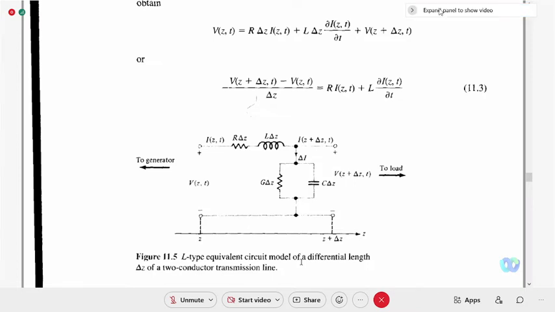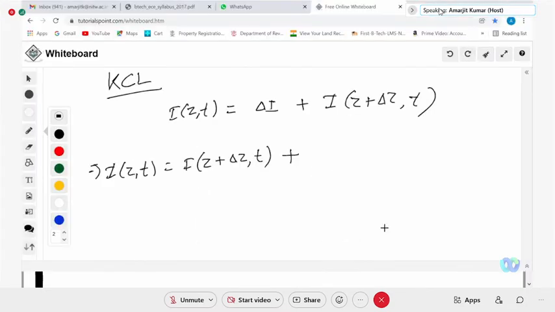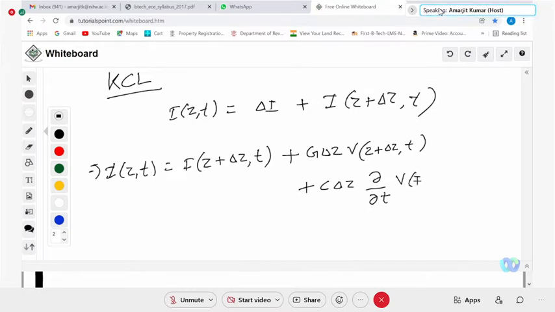It is G into Δz into V(z+Δz,t) plus C Δz ∂/∂t of V(z+Δz,t). Same thing you write here.